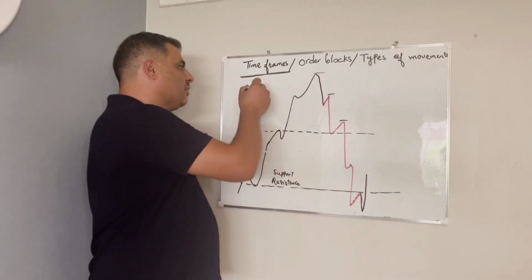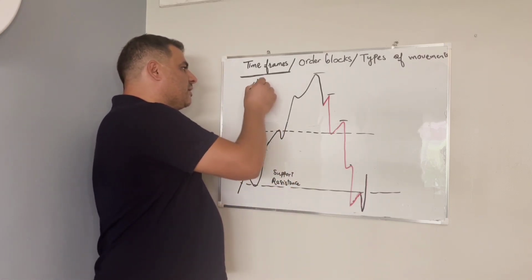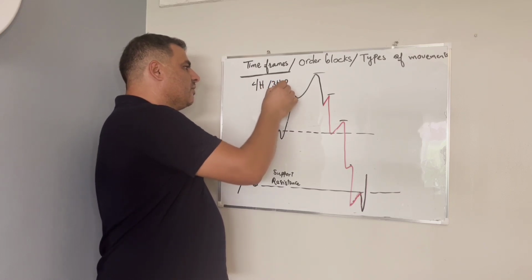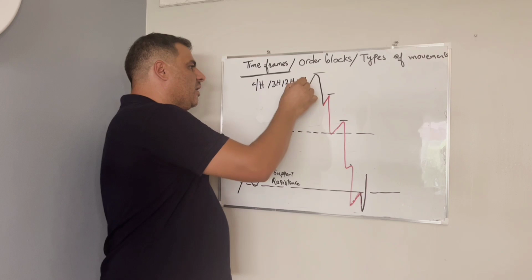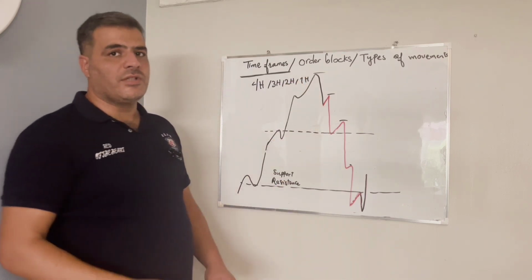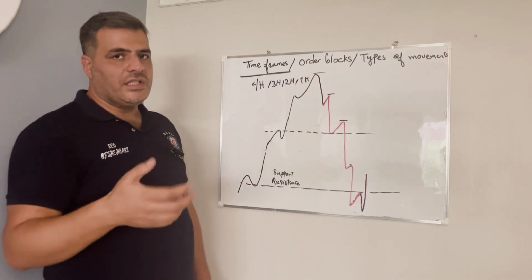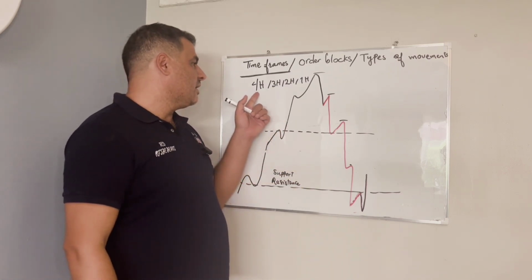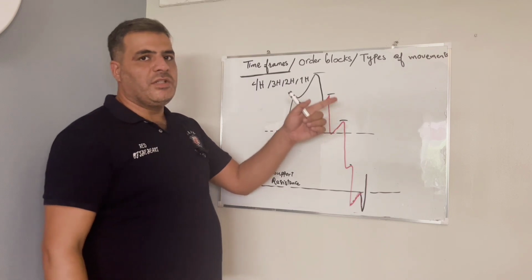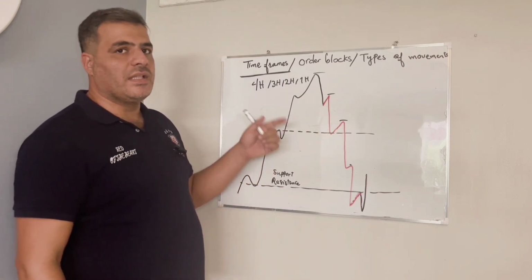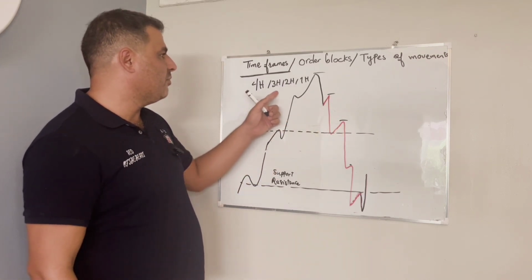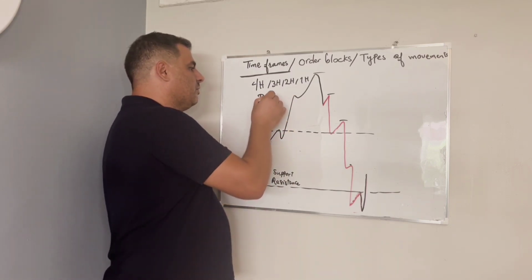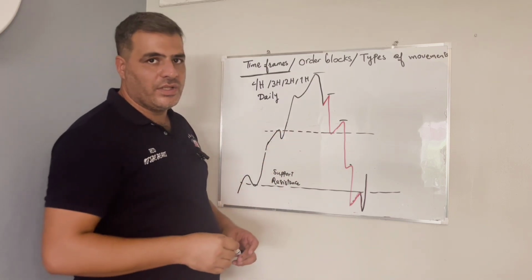I advise you to look at the charts in the 4-hour, 3-hour, 2-hour, and 1-hour time frames in order to read the markets. Opening the deals is a different thing, but in order to do the analysis, don't go to 15 minutes and 30 minutes and 45 minutes to understand the market. You must go minimum the hourly time frames. Sometimes you will need the daily also to read the market, not to open the deals.